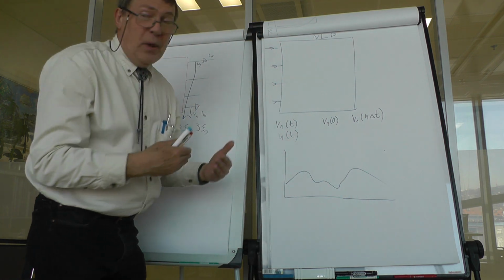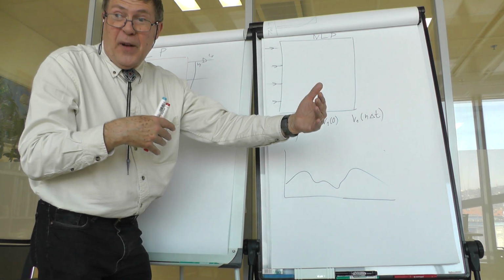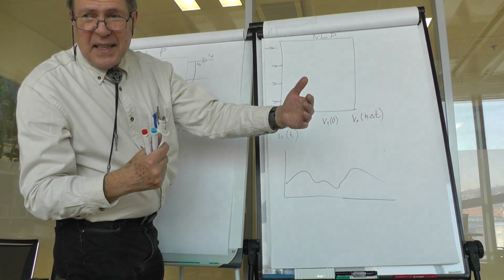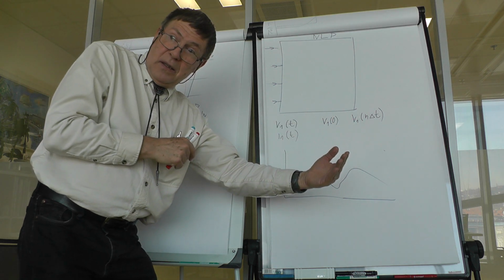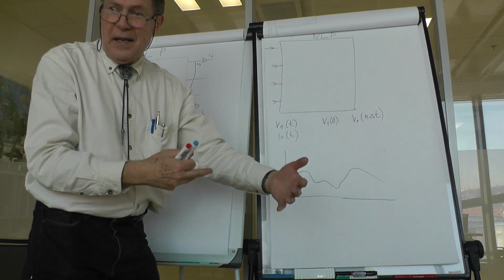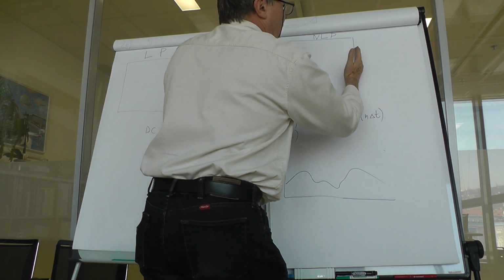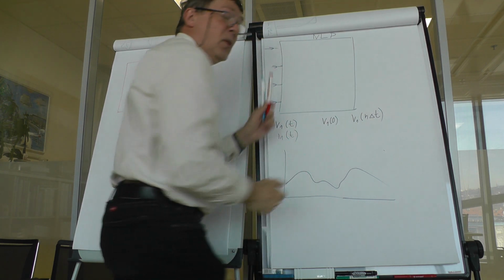I will have to do it for several periods of the signal due to the fact that some of the nonlinear capacitors or nonlinear inductors would have to charge first. But after I do that, I will get a periodic behavior here in the nonlinear part.